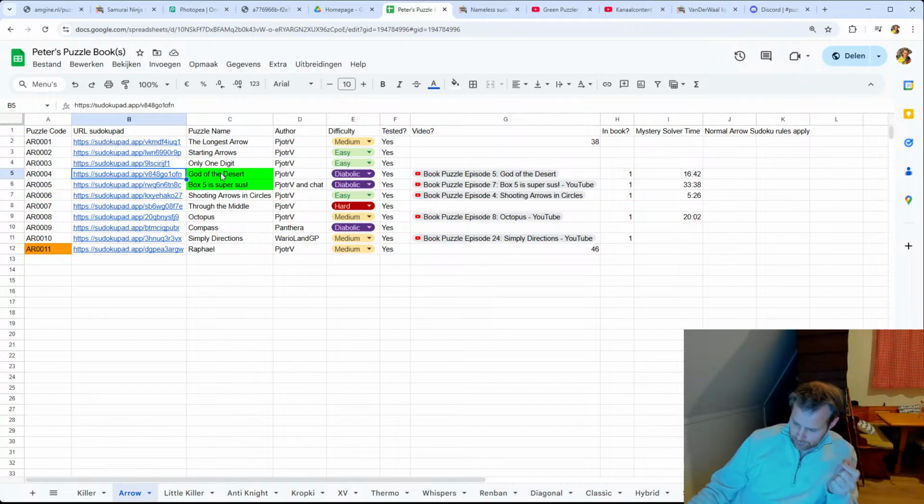2 stars out of difficulty is subjective, and my goal for this book is for a very wide audience. So I want to give this book to my parents to say, hey, you can solve these puzzles.